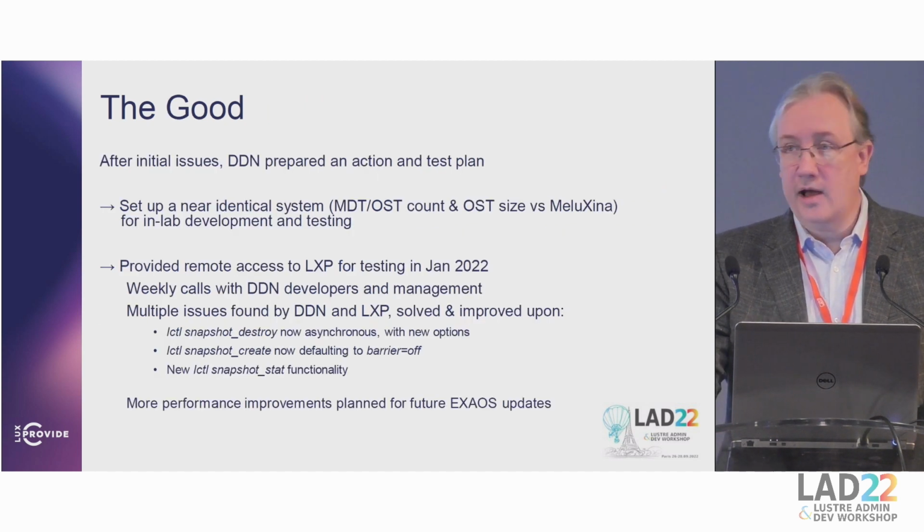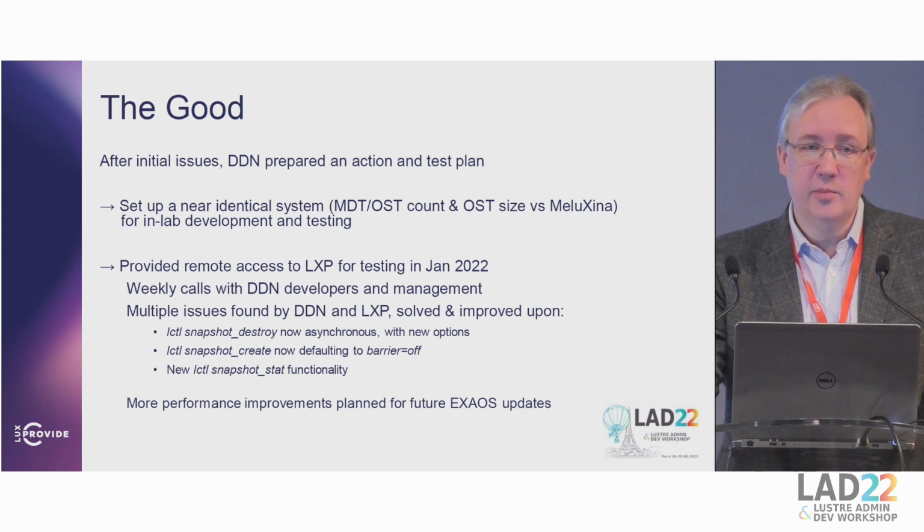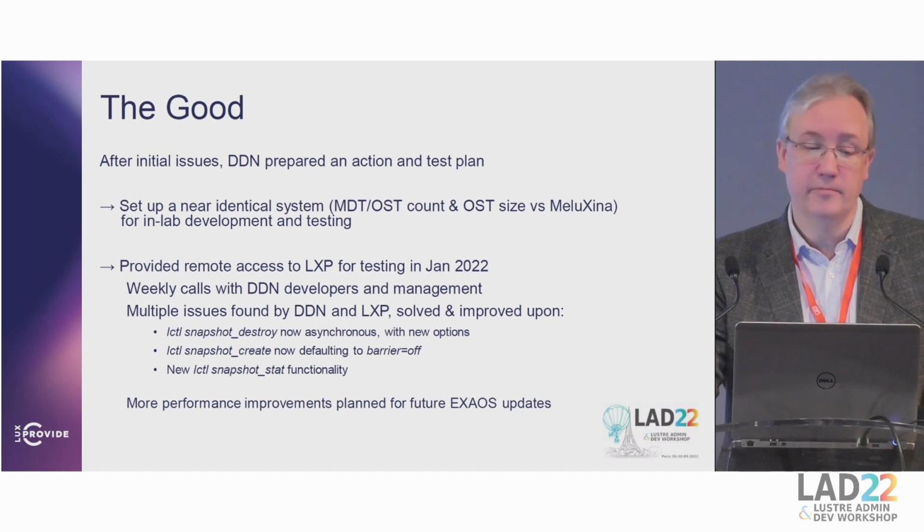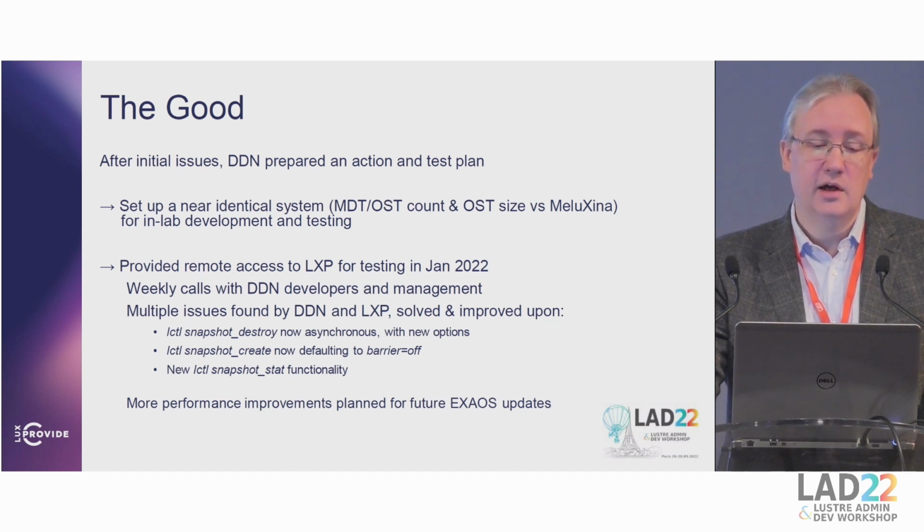So after these initial issues, to their credit, DDN prepared an action and test plan, quite a comprehensive plan. They set up actually two systems in the US. One that was near identical to our system in regards to the MDT, OST counts, and OST size as our Meluxina system. This was for their in-lab development and testing.